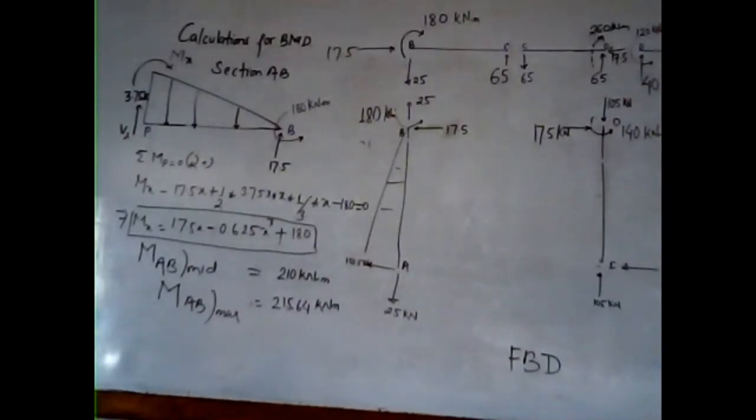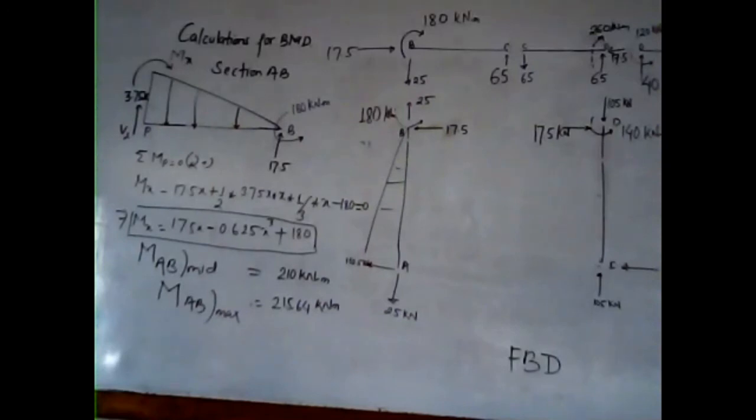And the triangular intensity loading is giving a clockwise sense at point P, so it is positive here, plus half into 3.75, the height, into X, the length, into 1/3 of X. Since from point P there is a perpendicular portion, we have to take 1/3 of the total distance X. Minus 180, since 180 is an anti-clockwise moment, so that is negative here, equals 0.